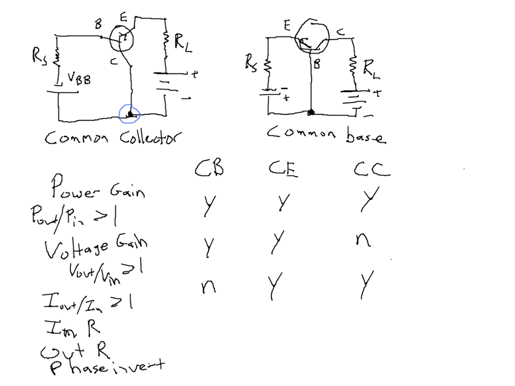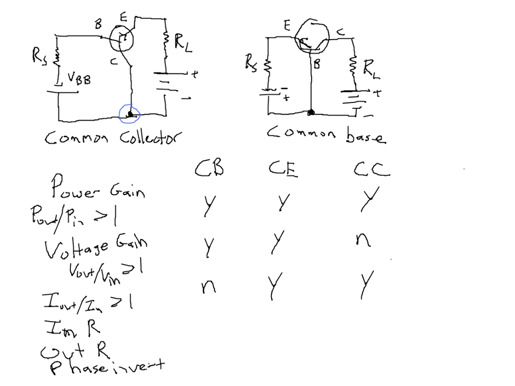So already you can see one reason why the common emitter configuration is popular. It's because it's the only one of the three that has both a current gain and a voltage gain. Okay, but the reason that you might not want to use it exclusively is in the input and output impedance categories.